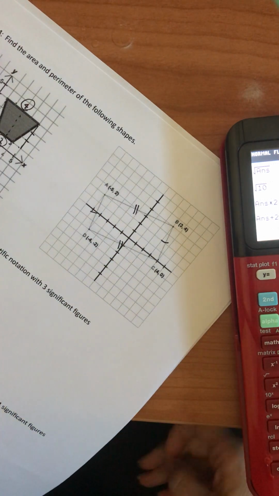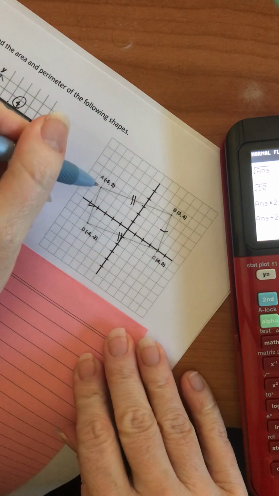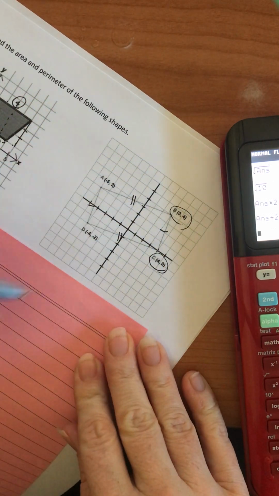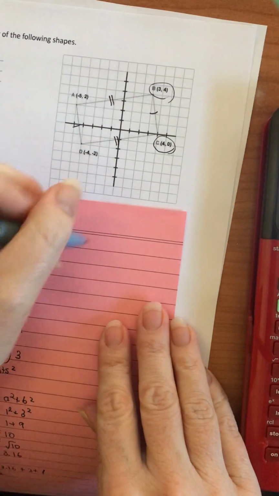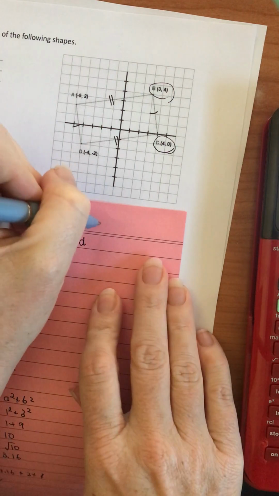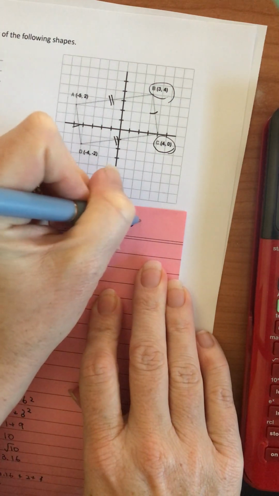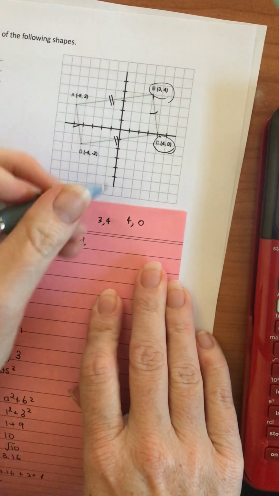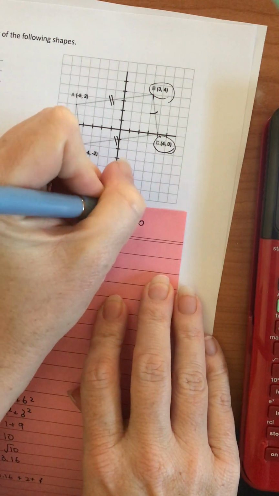So we just pick 2 coordinates to choose for this. We've got positives here. So we are finding the distance between 3, 4 and 4, 0. They're the 2 points that we're looking at there. So we will go x1, y1, x2, y2.